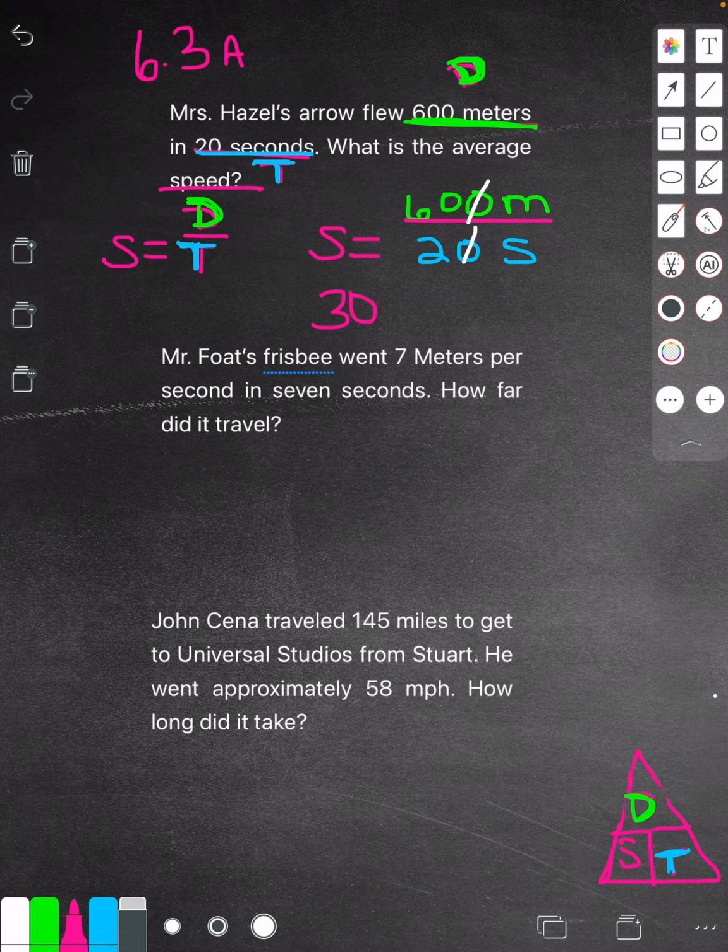The average speed of this arrow is 30 meters per second. I can write it like this, or I can write it like this. 30 meters in 1 second. Easy peasy.